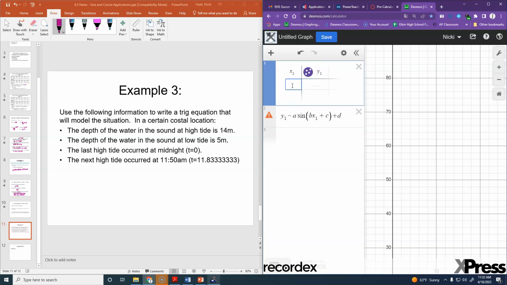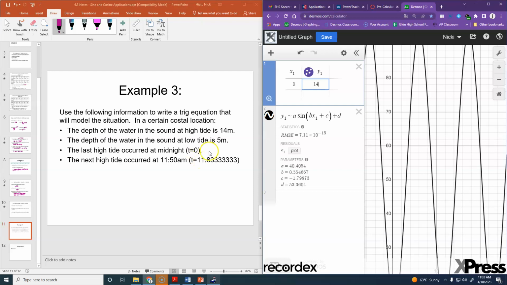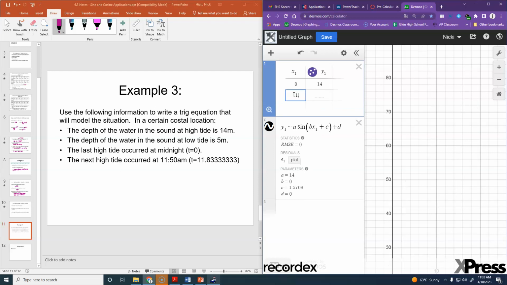Depth of water in the sound at high tide is 14. Depth of water in the sound at low tide is 5. Last high tide was at midnight, so you've got 0. High tide is 14. The next high tide would be at 11.83 repeating, so it's high tide again.